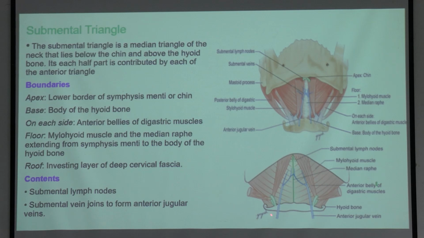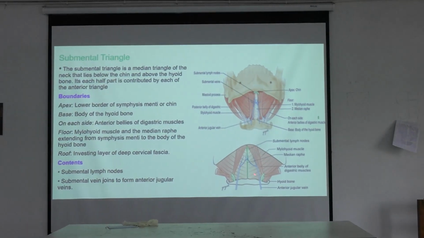So we are getting two triangles on either side. This area of the mandible is called the mentum. So below the mentum, this triangle is called the submental triangle.